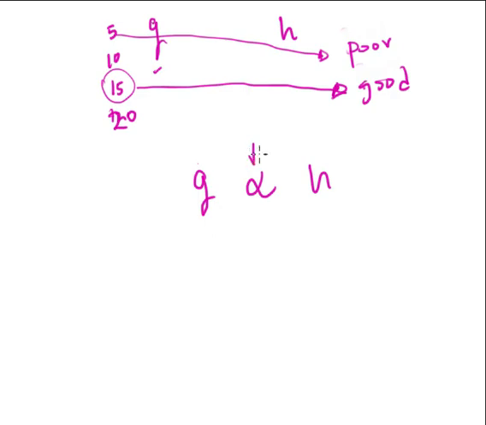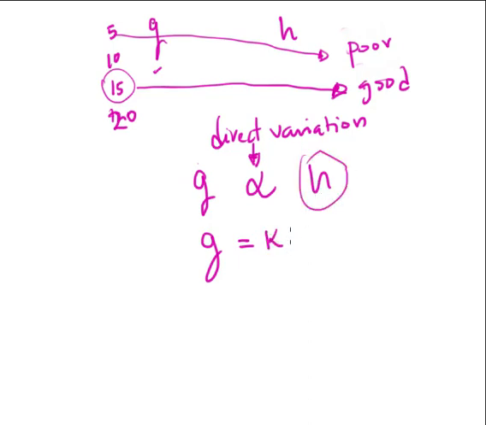Now this symbol here represents direct variation. Now, to change this to an equation, we'll just remove the symbol and put the equal sign. Then the constant of proportionality will be introduced, and this will be K times the H we have here.